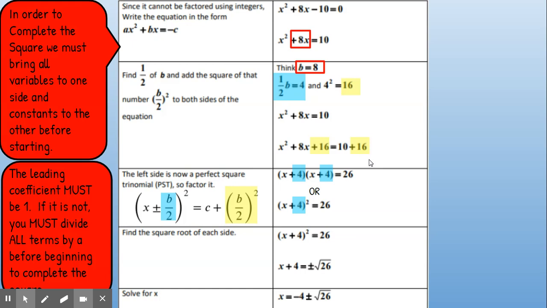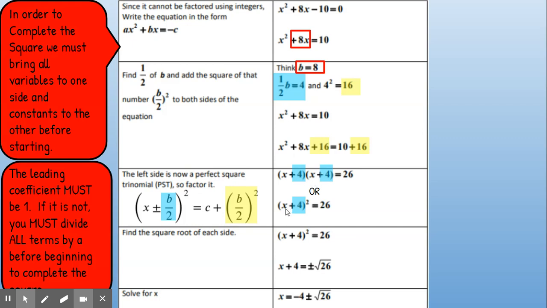When I then factor the one side, x squared plus 8x plus 16, that is a perfect square trinomial. So some people need to write out the whole factor. You get x plus 4, but that is x plus 4 squared. They're identical, right? Factors of 16 that add to 8: 4 and 4.